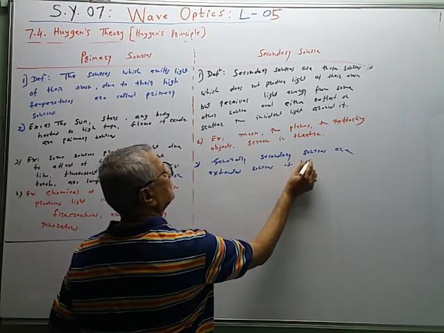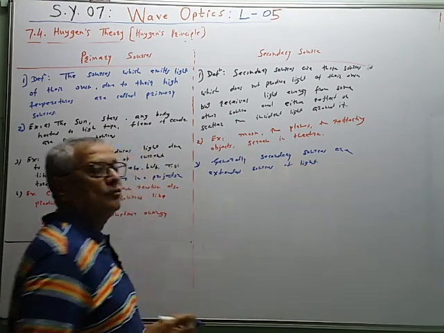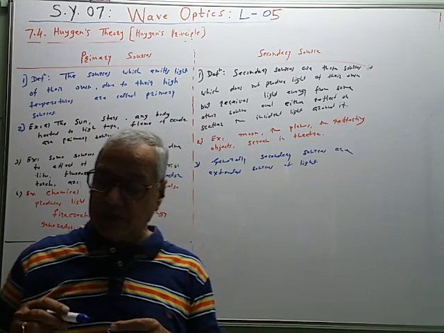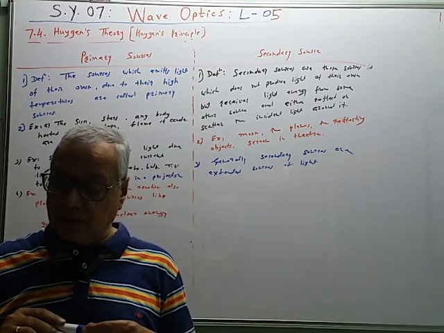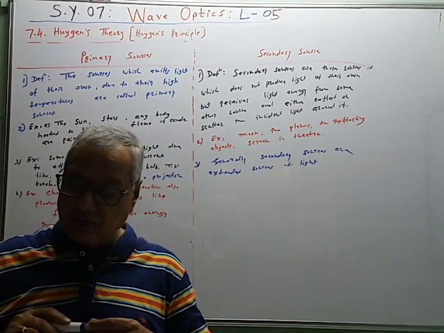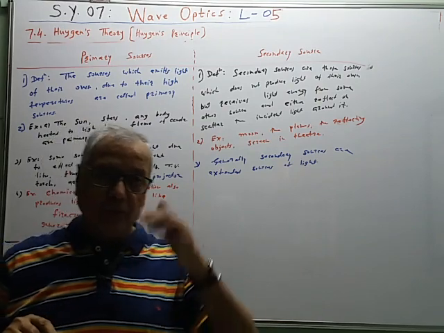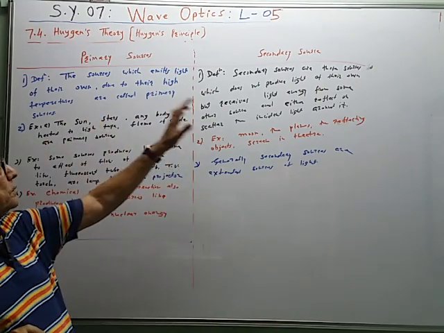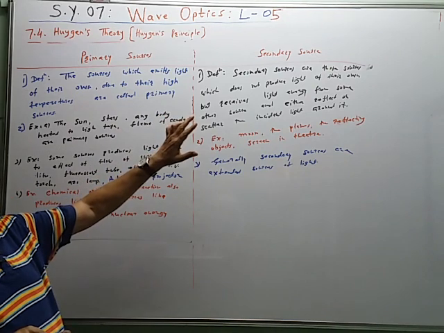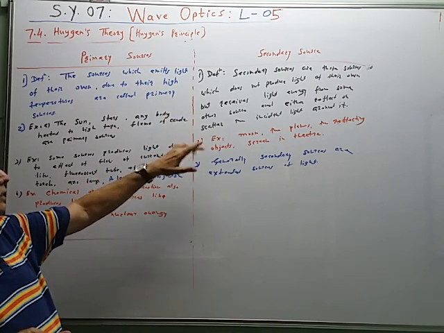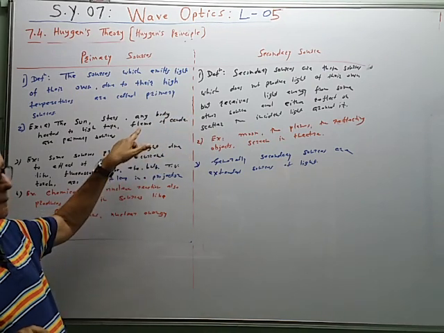In Huygen's principle, we are using the concept of secondary sources, and therefore first we have seen the meaning of primary and secondary sources. So one example is this.